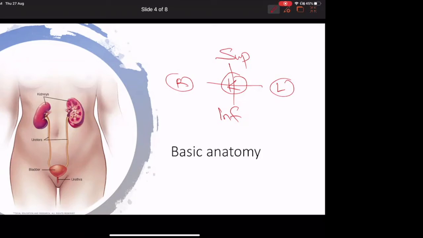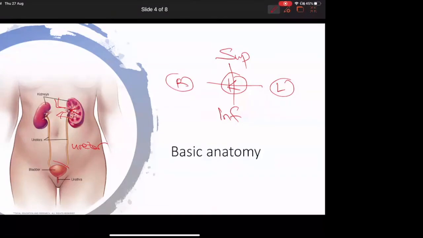So the kidney is the first organ that we are always interested in, followed by the ureter. This is the ureter itself. The ureter is basically the tube that connects the kidney to the bladder. The kidney makes urine. It is a very vascular organ. There are a lot of vessels that go in and a lot of vessels that go out. What the kidney does is filter everything from the blood.